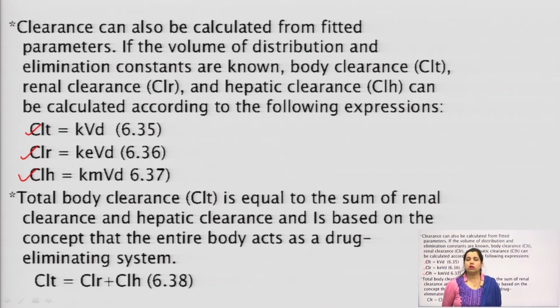When we consider all these eliminating body organs and sum up the values, that means we are taking all the different organs into one and considering the body as an eliminating system. So, the equation will become CLT is equal to CLR plus CLH, plus any other eliminating system we can also add if we desire.